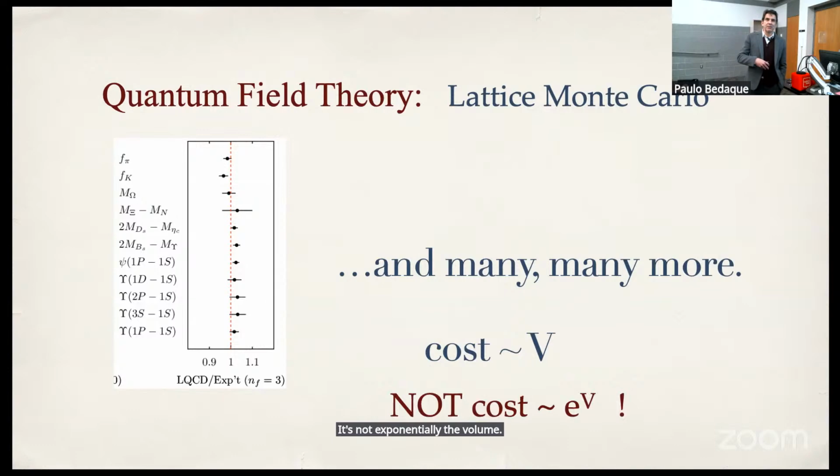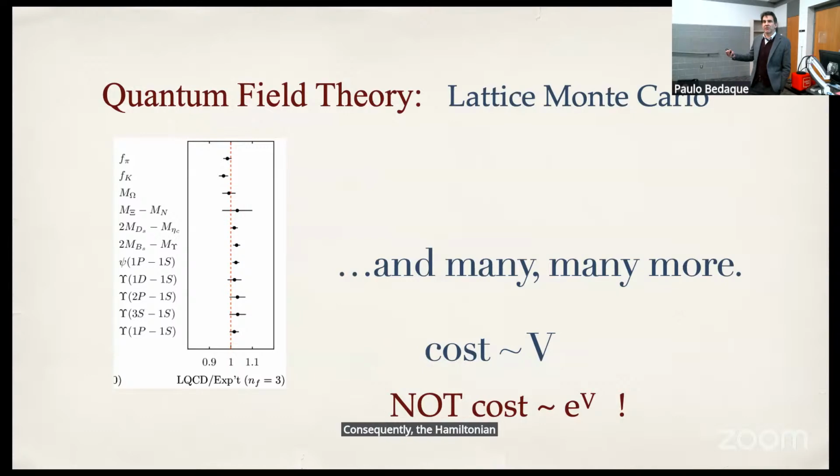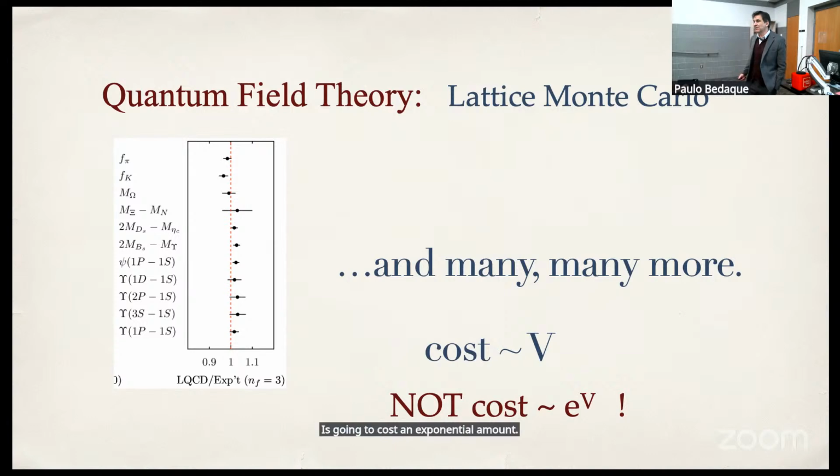So you've heard a billion times that quantum systems have a Hilbert space whose dimension is exponential in the volume. Consequently, the Hamiltonian or any other operator is a matrix that's going to be exponential in the size, in the volume. And then any operation you do with those matrices is going to cost an exponential amount. Okay, so this is simply not true. Quantum Monte Carlo bypasses that by far.